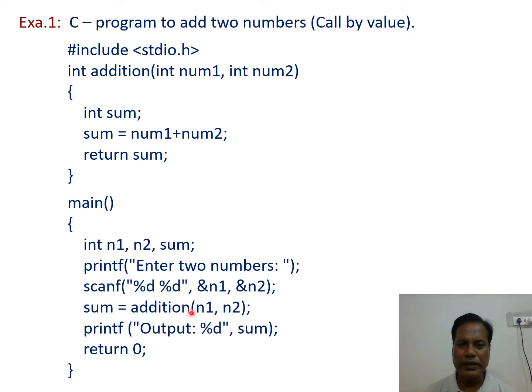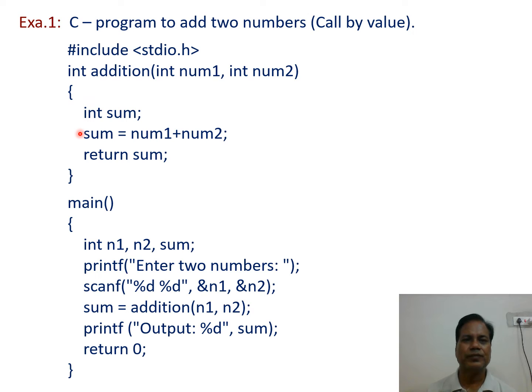While calling this function, the two values of the numbers taken from the user are supplied as the actual parameters n1 and n2. These parameter values are copied into the formal parameters num1 and num2 when the function is called.